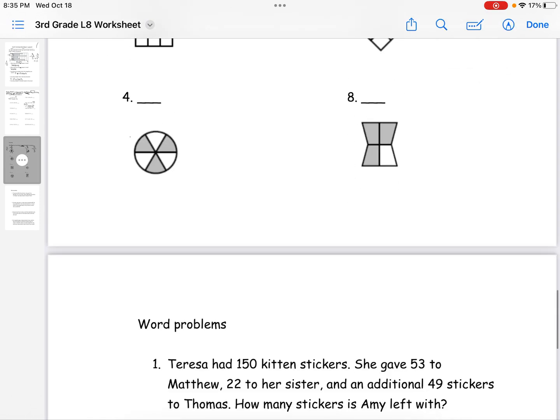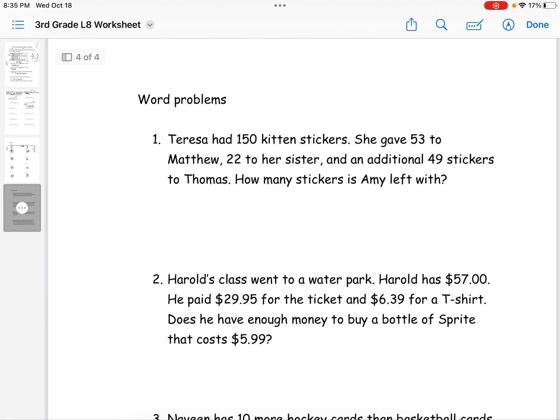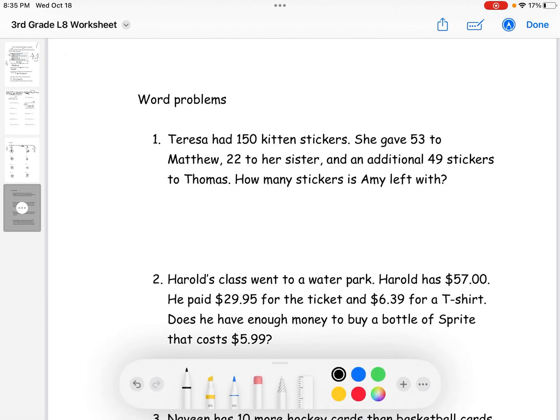We'll go on to the last page now, which are word problems. It says, Teresa had 150 kitten stickers. She gave 53 to Matthew, 22 to her sister, and an additional 49 stickers to Thomas. How many stickers was she left with?